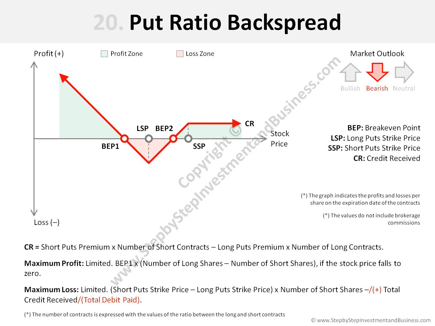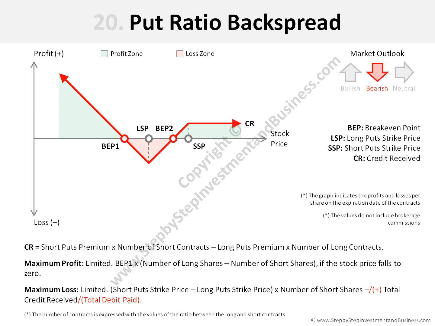The credit received for initiating the position is equal to the premium of the short puts multiplied by the number of short contracts minus the premium of the long puts multiplied by the number of long contracts. That is, the credit received is equal to the premium received minus the premium paid.